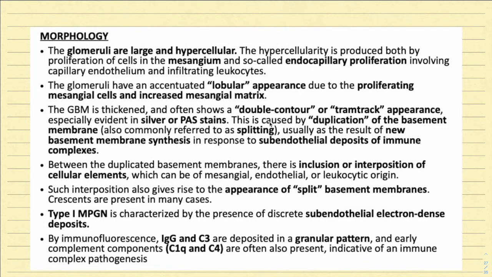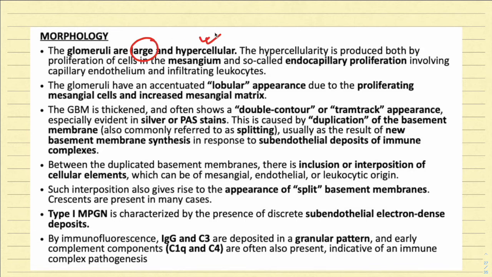Now if you look at the morphology of MPGN, as you see it's membranoproliferative. So we have already seen one proliferative glomerulonephropathy. Where have we seen one more proliferative glomerulopathy? Very good. Over there also, what did we see? The glomerulus has become large and hypercellular.